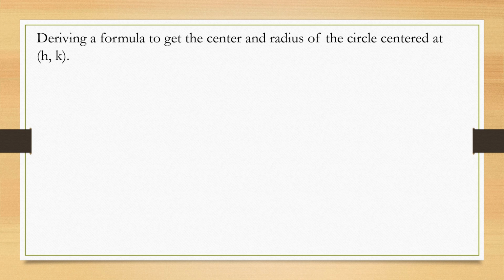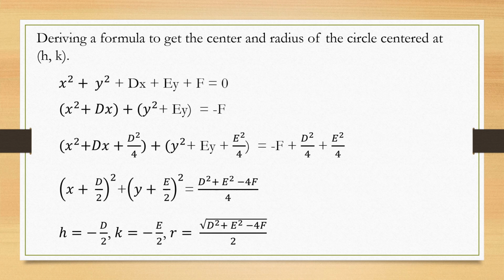But for the circle centered at (h, k), we have to derive the formula so that it is easy for us to solve for the center and its radius. We have the circle x squared plus y squared plus dx plus ey plus f is equal to 0. At this time we will be using the concept of completing the square so that we can derive the corresponding formula for the center of the circle and its radius.